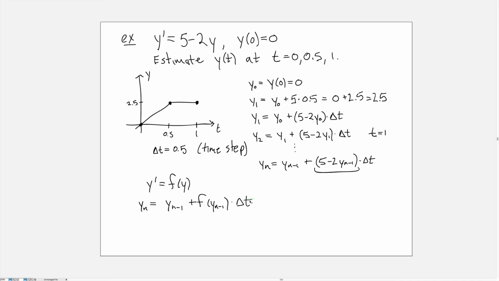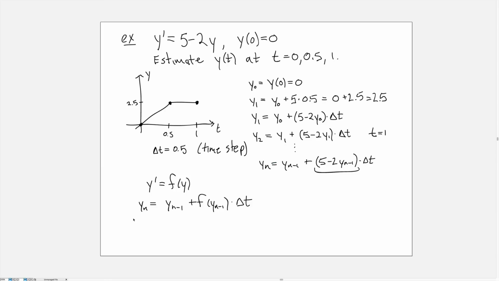And we can use this formula. In this case, we've only demoed it with delta t equal 0.5, but we could also have chosen delta t equal 0.25, and then we would get 4 intervals between 0 and 1, or we can take it smaller and smaller. In fact, as we take delta t smaller and smaller, the approximation that we get from these straight line segments gets better and better.